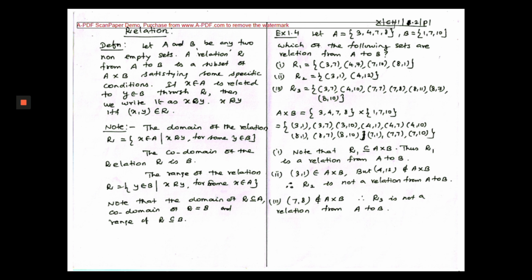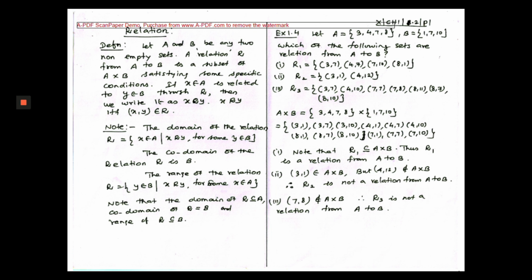Okay. Now let us see example 1.4. Let A is equal to {3, 4, 7, 8}, B is equal to {1, 7, 10}. Which of the following sets are relation from A to B? Here the relation R1 is equal to {(3, 7), (4, 7), (7, 10), (8, 1)}.